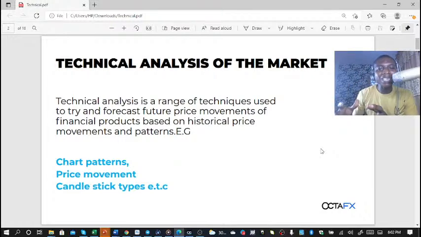Technical analysis tracks the data of the historical price of what has happened, looks into what is happening, and then forecasts what will happen. Right? So now a deep dive into what we have here. We have different types of technical analysis. We use the chart pattern, the price movement, and candlesticks.